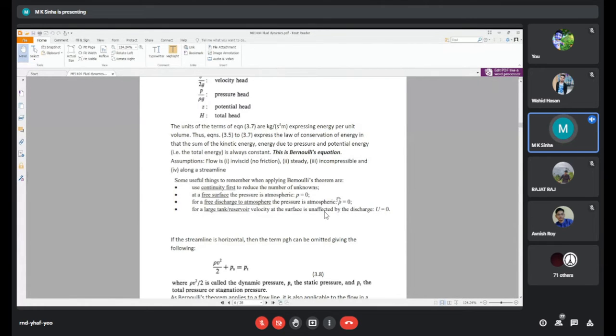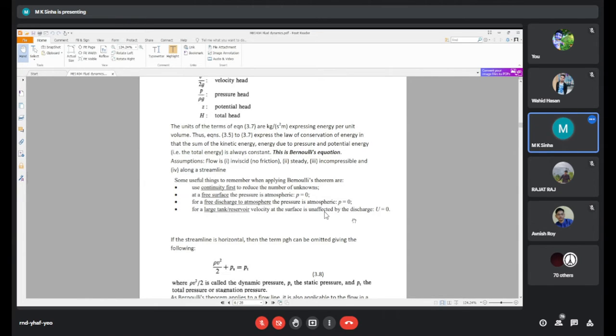If the dimension is reduced, then you may write accordingly for two dimensions or one dimension. So first we will apply the continuity to reduce the unknowns. We can see all these things in the examples.